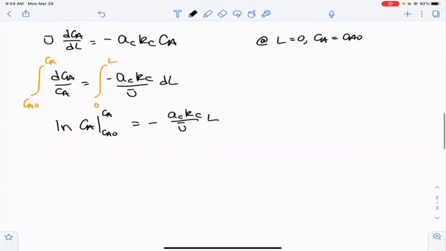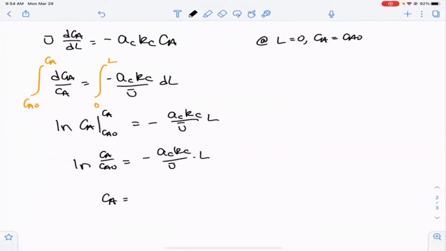So the left-hand side is just the natural log of CA over CA0 equals minus aC kC over the linear velocity times the length. And then we could solve for CA. So CA just equals CA0 times the exponent of minus kC times aC over the velocity times the length.